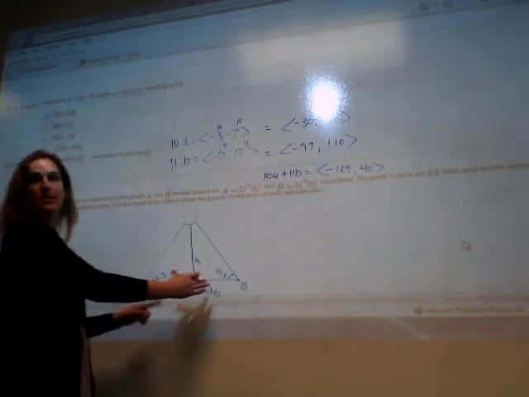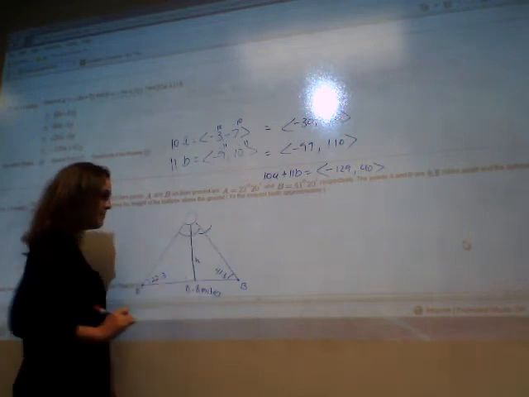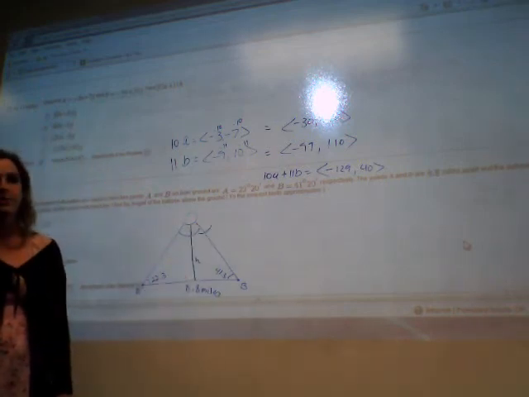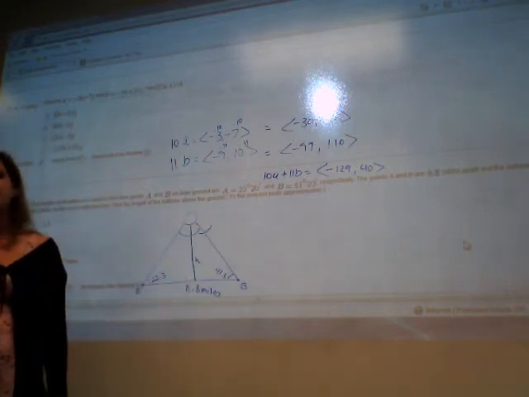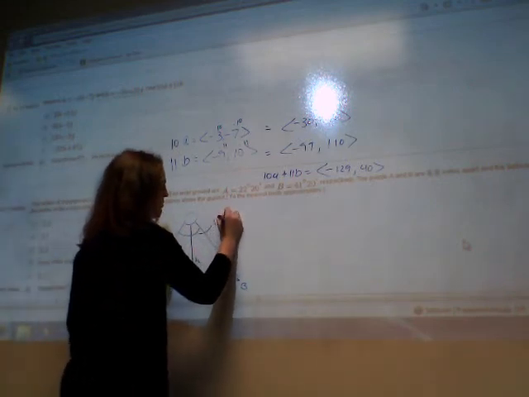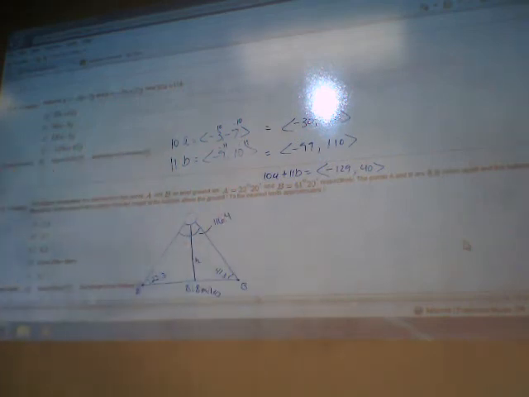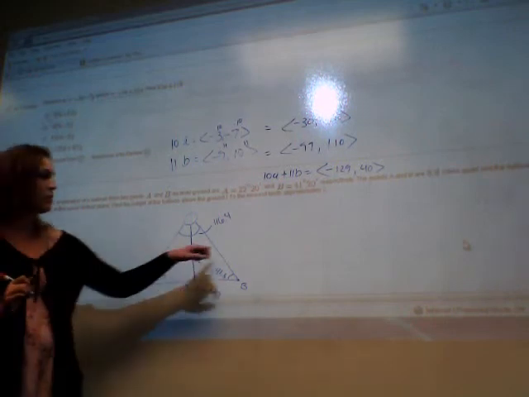We already have two angles, so we can solve for this entire angle, which is what? Somebody do that real quick. 22.3 plus 41.3. 116.4. Thank you. So that large angle there is 116.4 degrees, right?